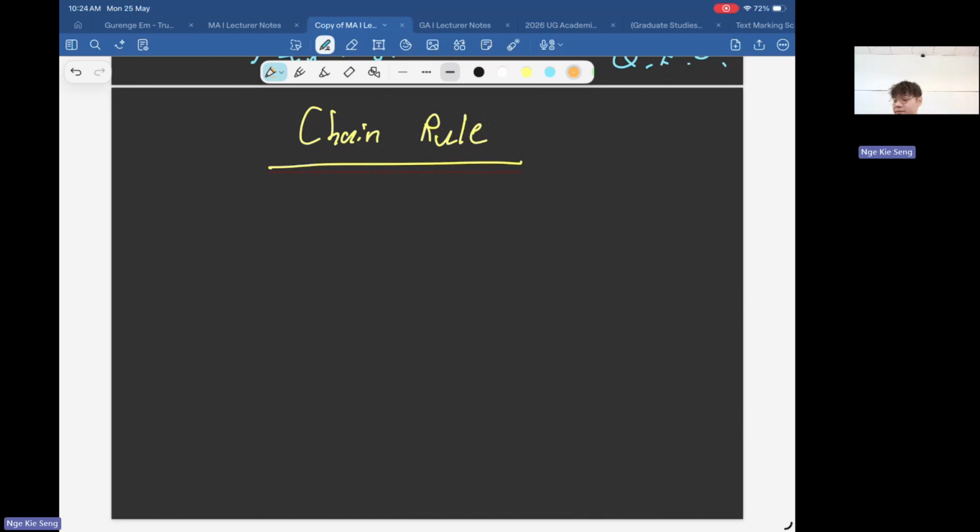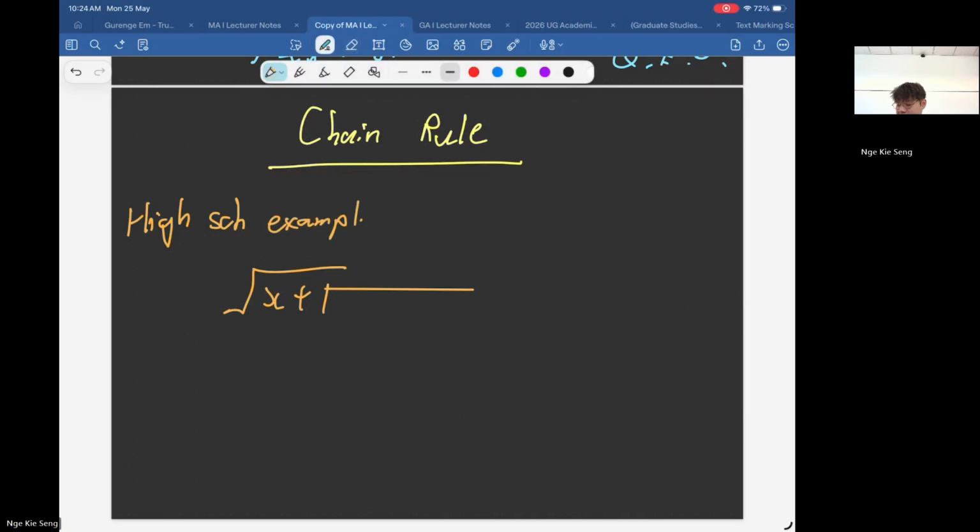Maybe we can get some examples. So maybe we start with a high school example first. Okay, so we want to differentiate this. What do you do? Oh, you straight away tell me the answer.